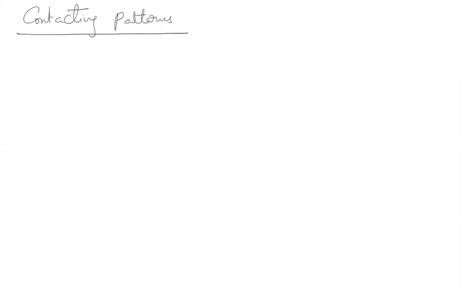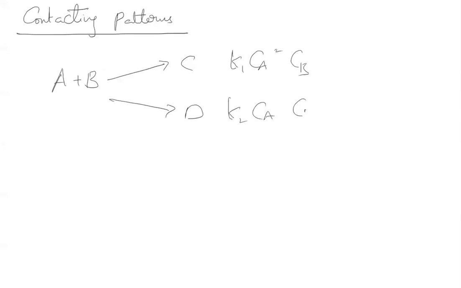So, contacting pattern. Suppose I have A plus B gives C and A plus B gives D. The rate of C formation is K1 CA square CB, and the rate of D formation is K2 CA CB cube. Suppose I want C as the desired product.